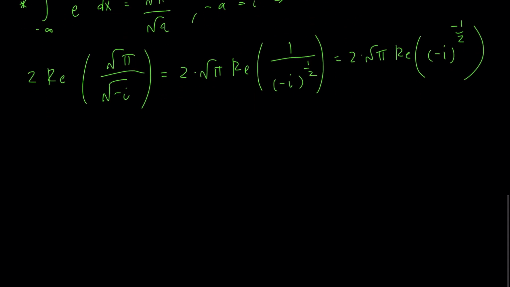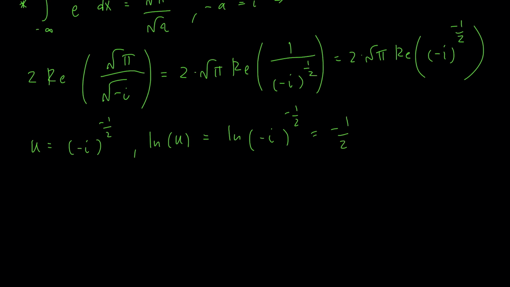So now from here, we'll let u equal negative i to the negative 1/2. Taking the natural log on both sides, we have the natural log of u is the natural log of negative i to the negative 1/2, which is negative 1/2 times the natural log of negative i.